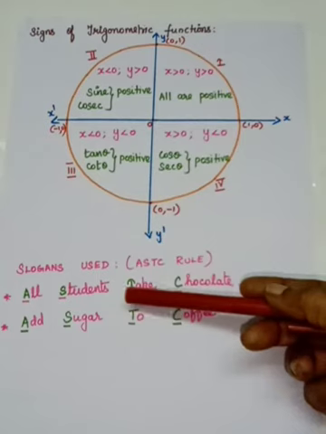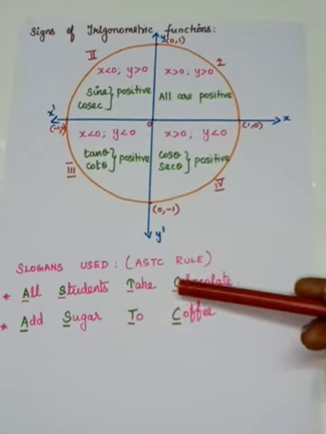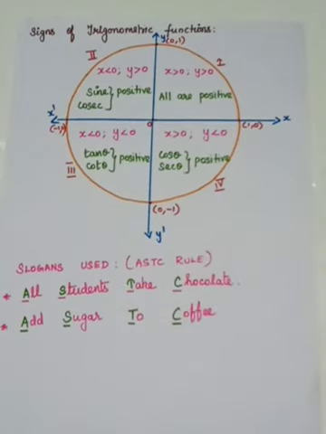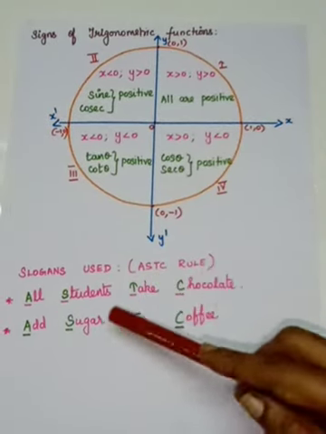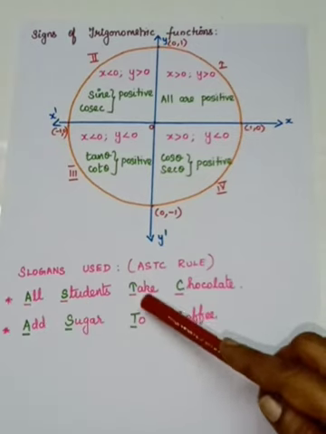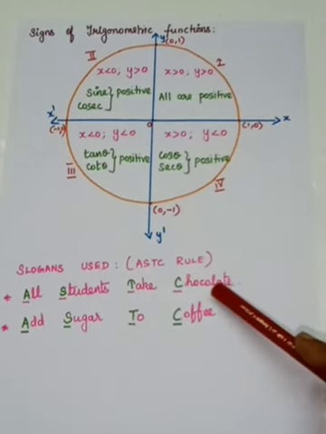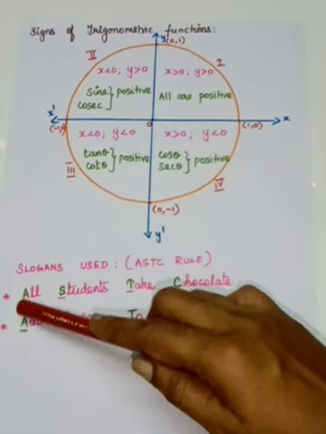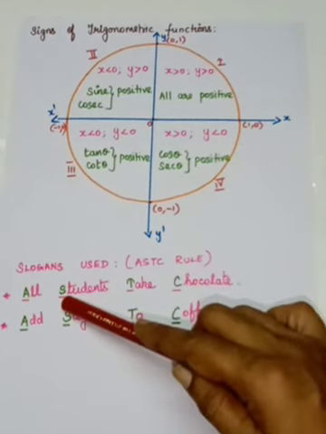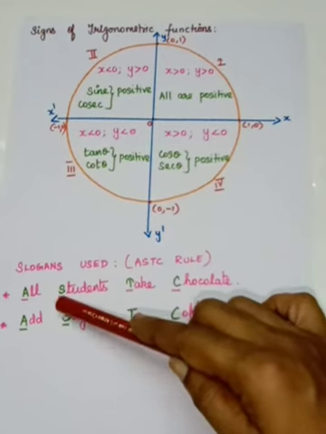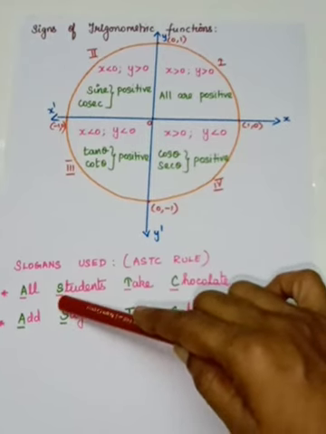Using these slogans, if you remember any one, you can very well write the quadrants. That is called the ASTC rule. You see that, all students take chocolate. Okay, all means all are positive. Students in the second quadrant, sine, yes, starting with S, sine and cosecant.